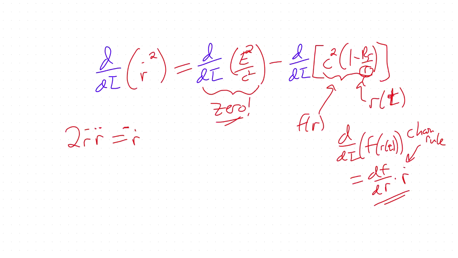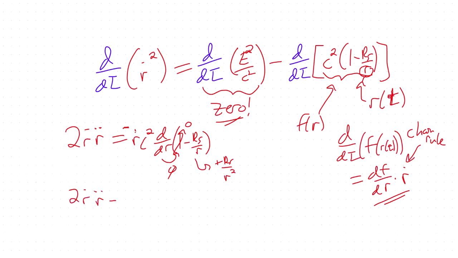So we have R dot C squared times d dR of 1 minus RS over R. d dR of the 1 is 0. d dR of negative RS over R is positive RS over R squared. So we get 2R dot R double dot equals negative R dot C squared times RS over R squared. Look at that.